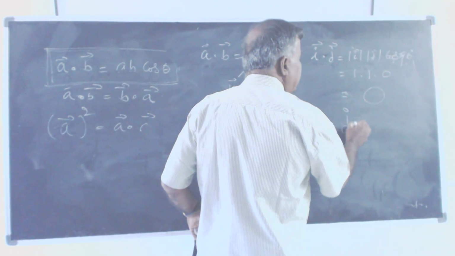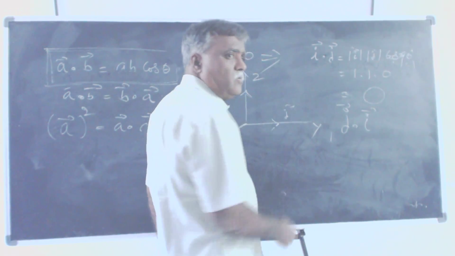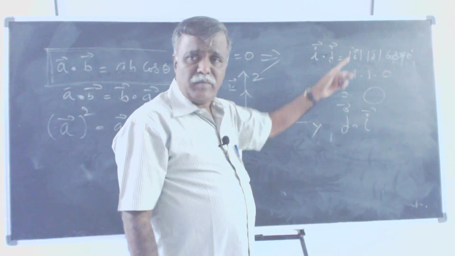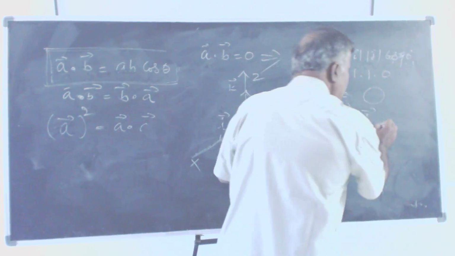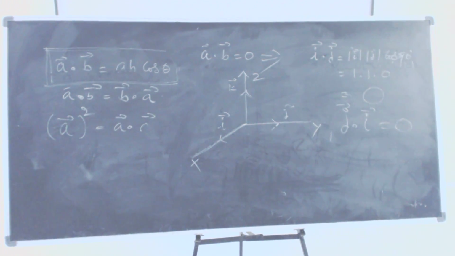If I write j dot i, what will happen? Dot product is commutative. Already I told you a dot b is the same as b dot a. So i dot j is the same as j dot i, so j dot i is also 0.